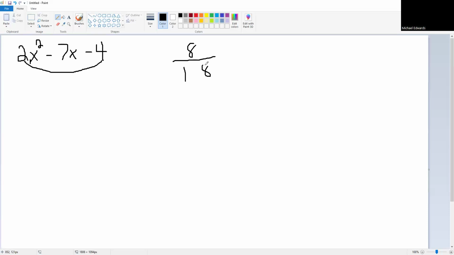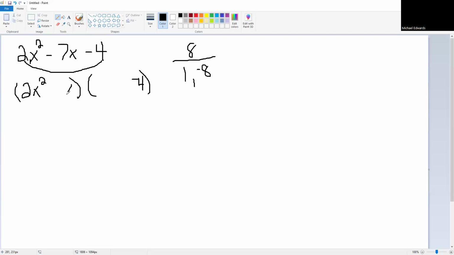Well, there's 1 and 8. Well, 8 minus 1 could be 7. So which one needs to be negative? It's a negative 7. I would say that 8. So that's our numbers. Let's just write it down. 2x squared, and then negative 4 for our last coefficient.